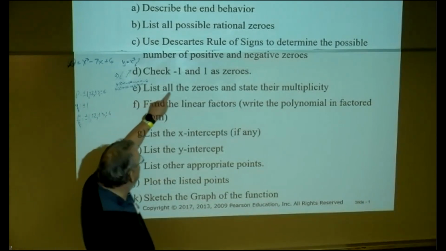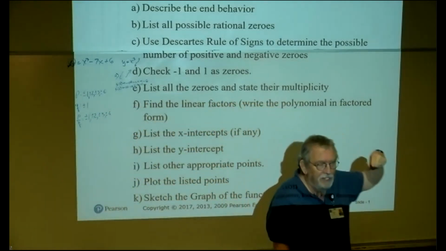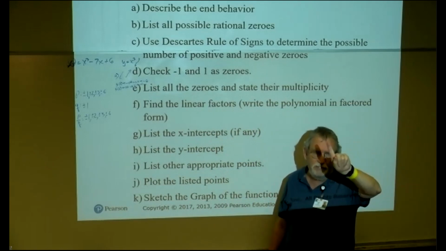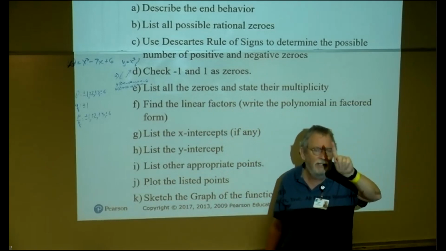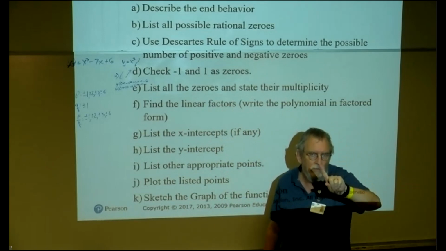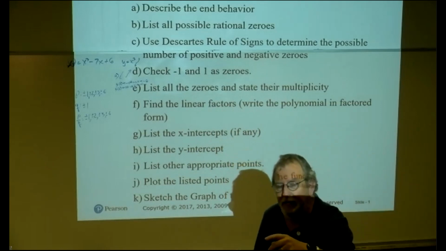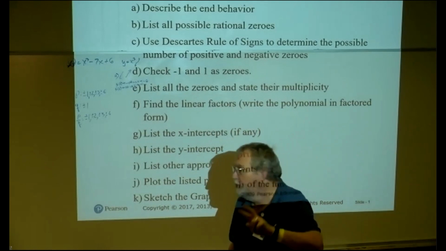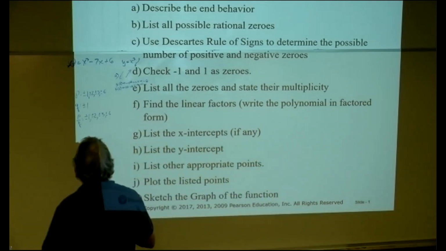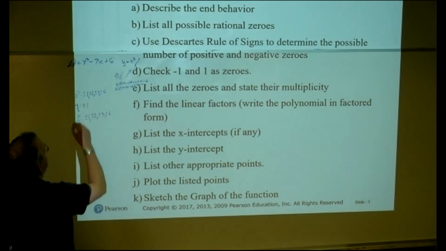So we were listing the zeros here on the previous problem. One showed up as a zero more than once, but we only listed it once. And we talked about its multiplicity to take care of the fact that it showed up more than once. So this was B.